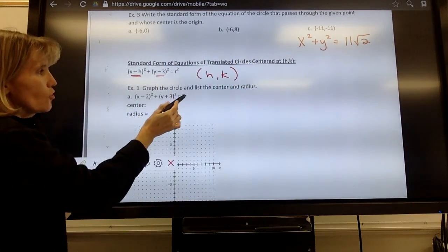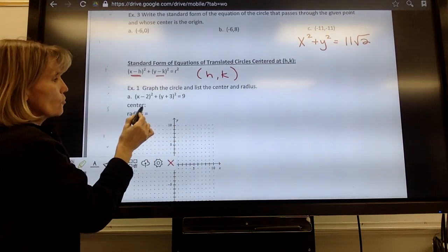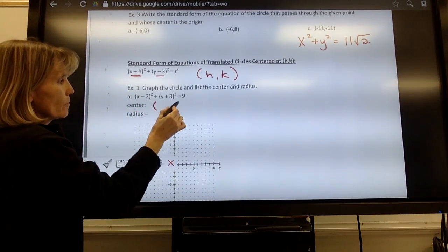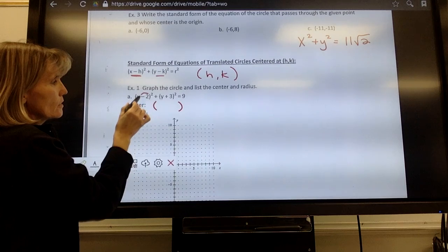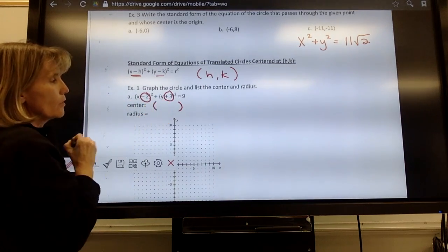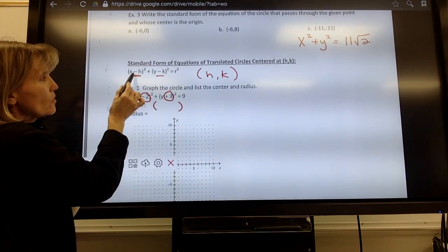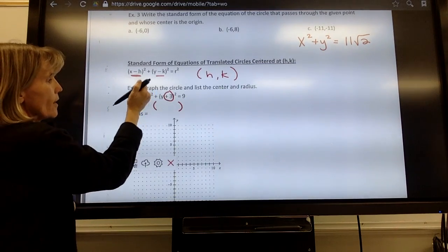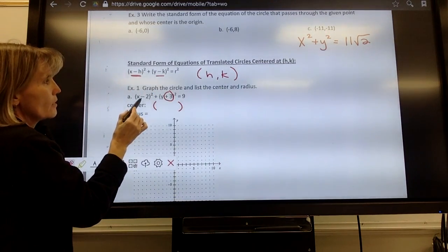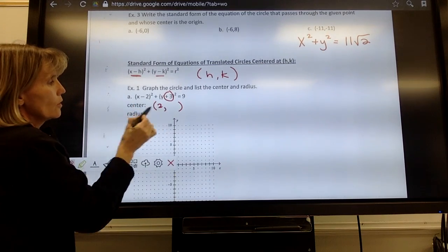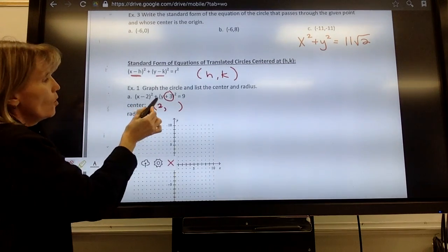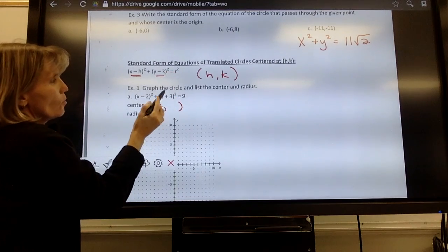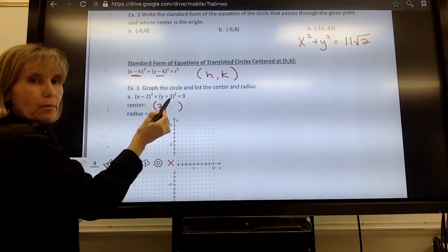We're going to have different centers, so you're going to have a different h and k value. Okay, for example, it says graph the circle and list its center and the radius. So the center, right here, these are my values that I'm looking at for the center. And remember, the subtraction sign is in the formula itself. So what did I subtract from x here? Well, I subtracted a 2. So that's my h value. What did I subtract from y to get a plus 3?